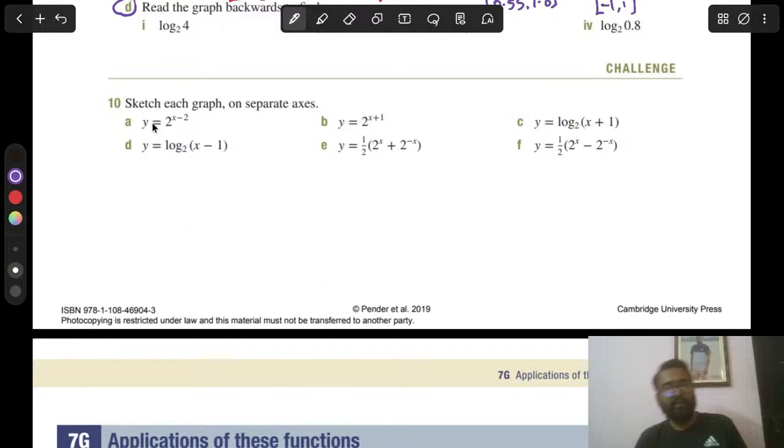So here x becomes x minus 2. x becomes x minus 2. Means what is happening? What happens here?